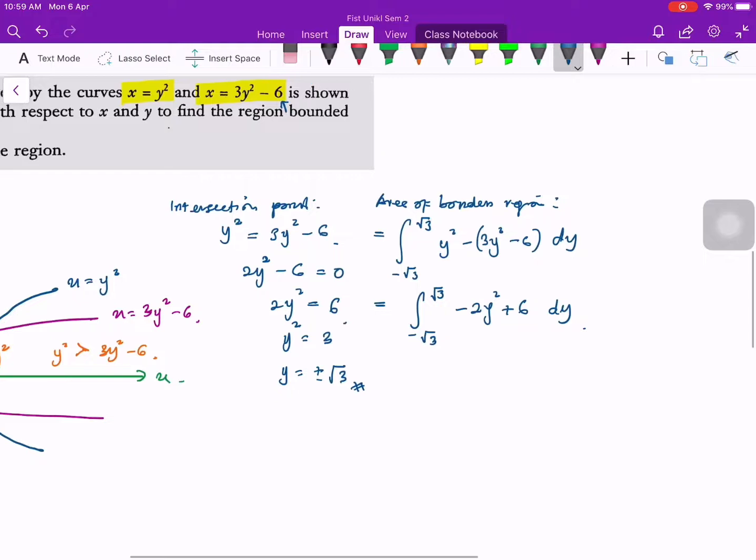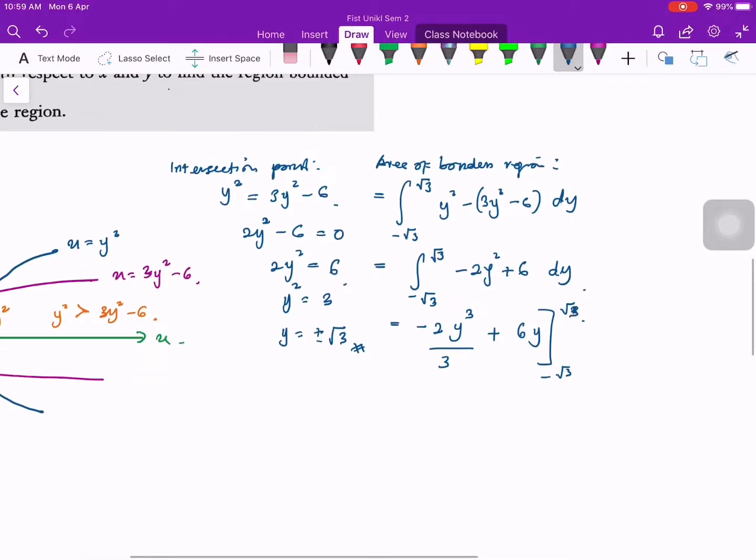Now we proceed with integration. For minus 2y squared, we have minus 2 times y to the power of 3 over 3, plus 6y, with a limit from minus root 3 to root 3. Then we substitute our limits accordingly.